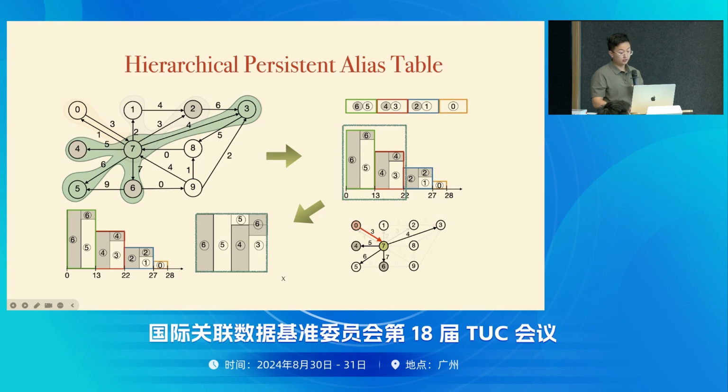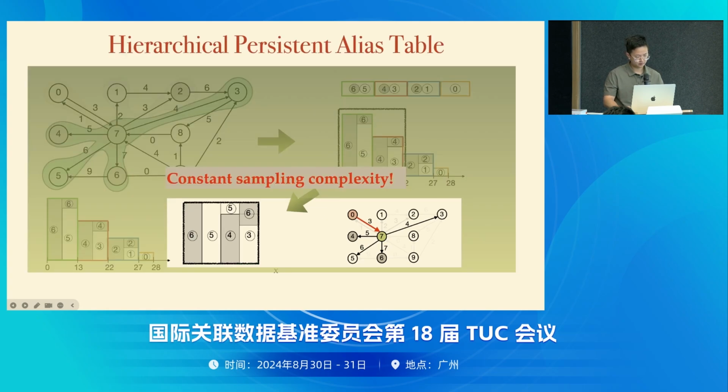On sampling, we only need to binary decompose the length of the candidate edge set. Then the length is divided into several chunks with lengths of the nth power of 2. Then we use ITS to sample the chunk of interest and then sample the corresponding edge inside the chunk by an Alias table.